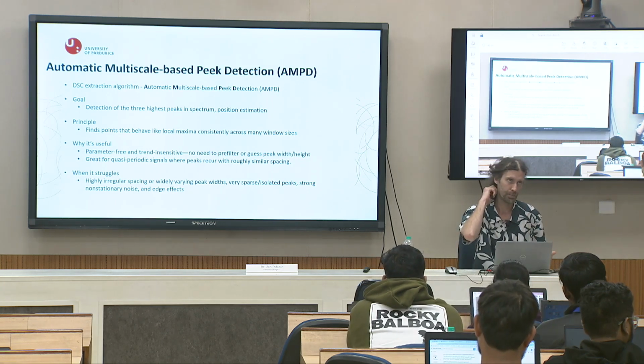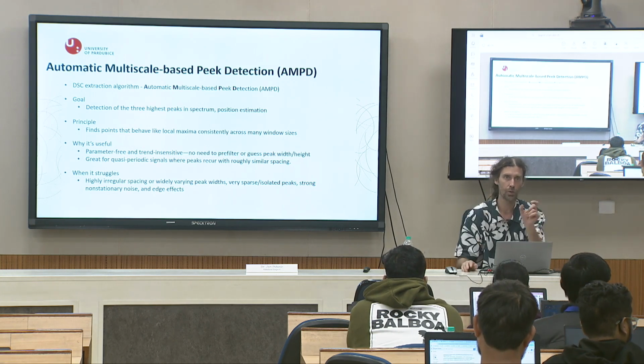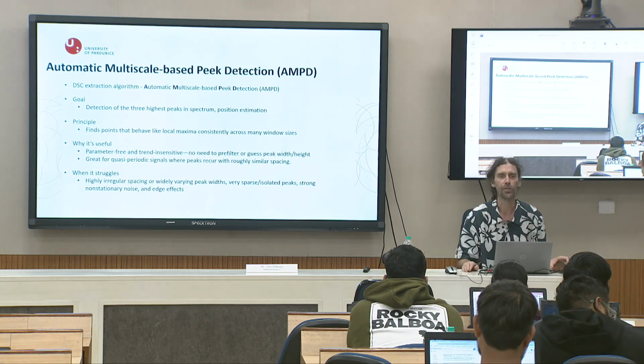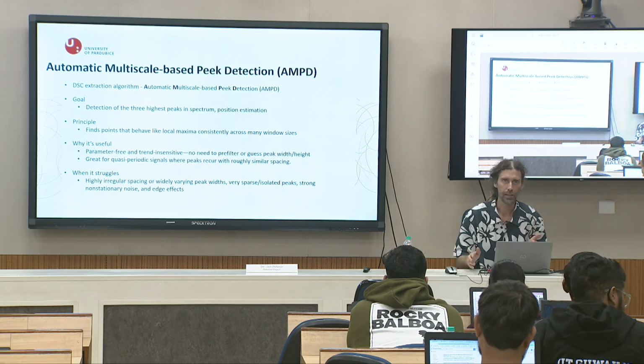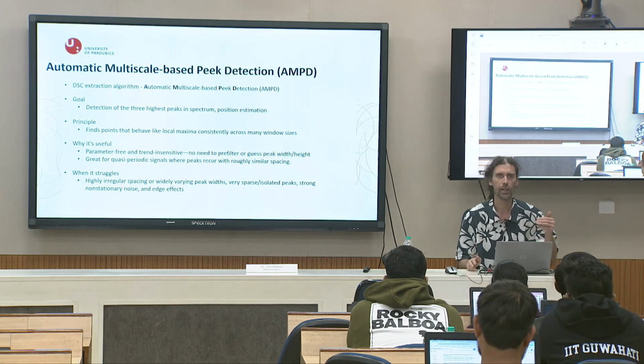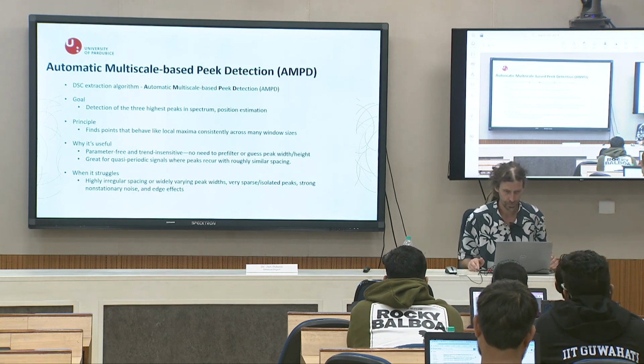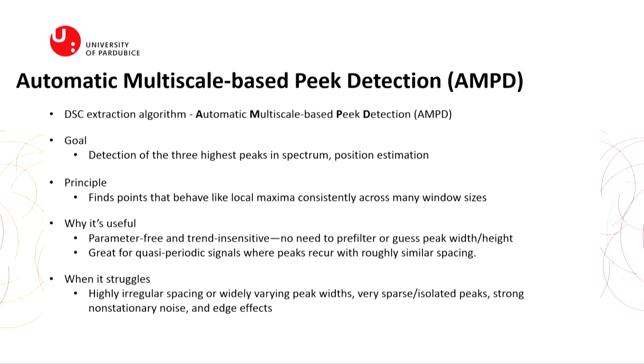So it is dependent on this parameter, and we need to find, how to say, the best value where it fits our cases. This algorithm works very well only for periodic or quasi-periodic signals, but it is a perfect fit to our case because this DSC component is a sine wave.